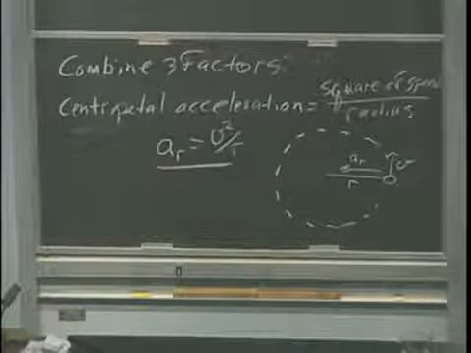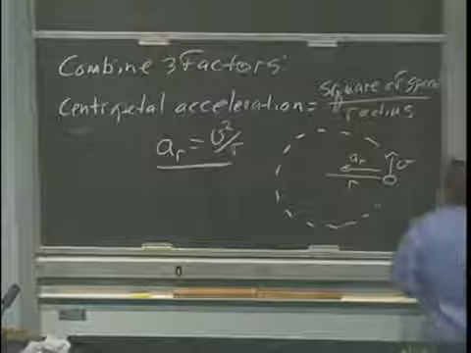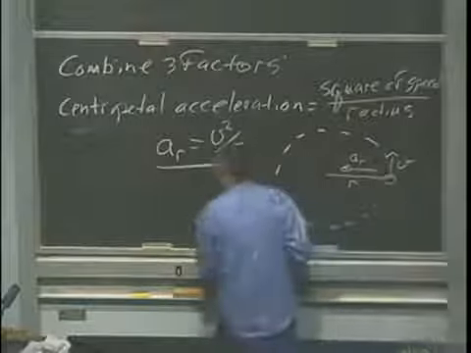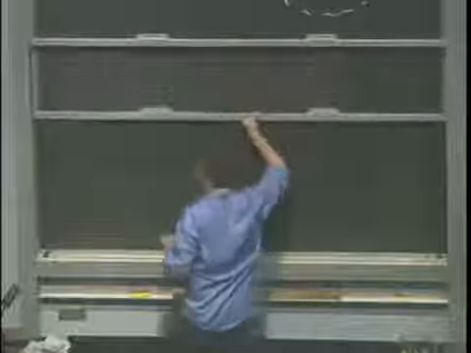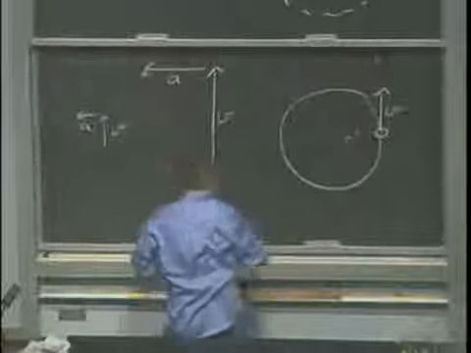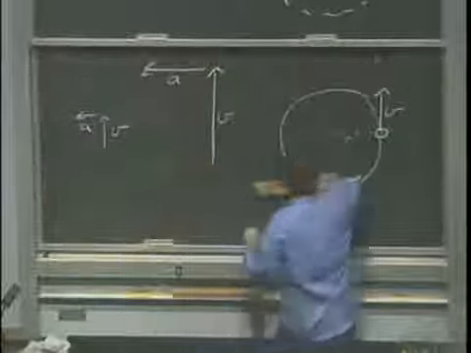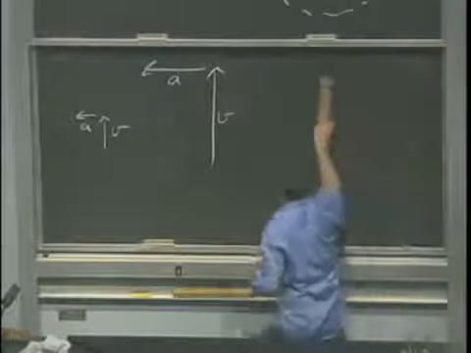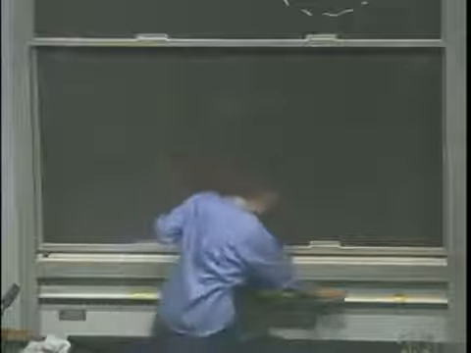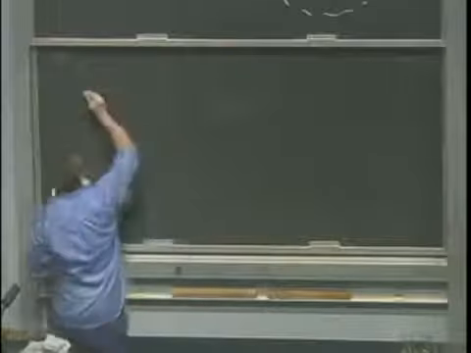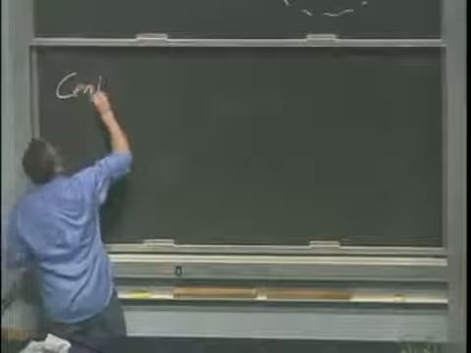So if we have uniform circular motion, that means we have an acceleration on the object, which means there must be a force that's exerting that acceleration. We've already called the acceleration centripetal acceleration, so we call the force centripetal force.